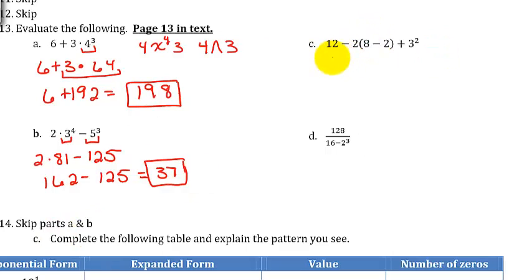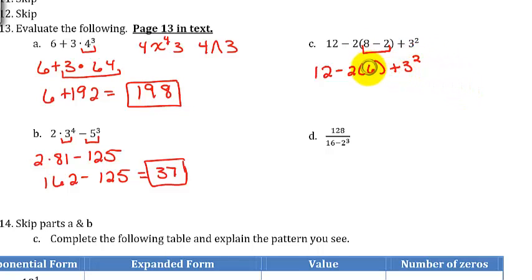Okay, so example C, we have 12 minus 2 times the quantity 8 minus 2 plus 3 squared. So PEMDAS means we need to do parentheses first. So that's 12 minus 2, and then 8 minus 2 is 6, and then plus 3 squared.